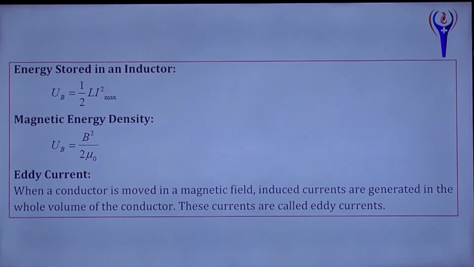Eddy current. When a conductor is moved in a magnetic field, induced currents are generated in the entire volume of the material. These currents are called eddy currents.